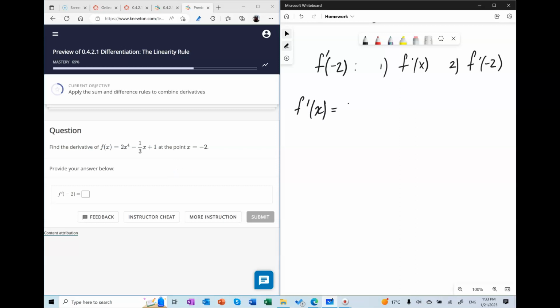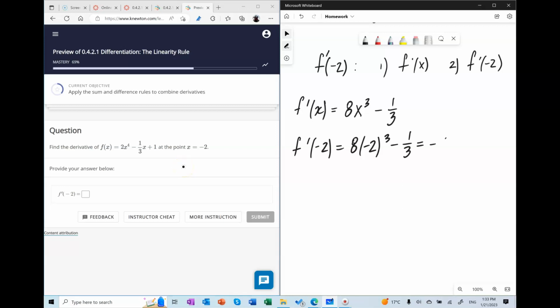I'm going to start cutting some corners here and just write the result to be efficient. And the second step is to evaluate the derivative function at the given point.